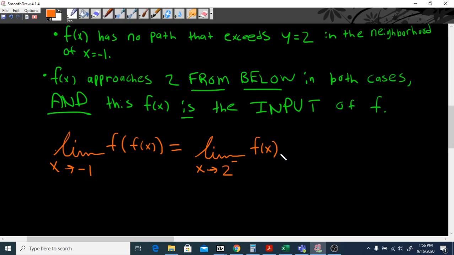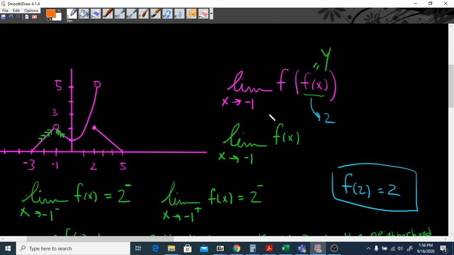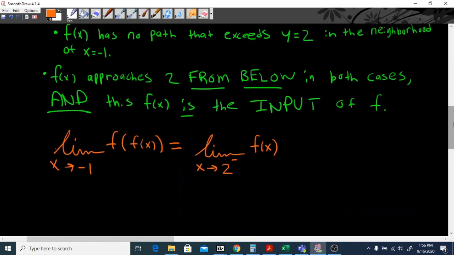Okay? And if we look, here's 2, and the left-hand limit of f as x approaches 2, as we can see here, is going to be 5. Okay? So this limit is going to be 5.